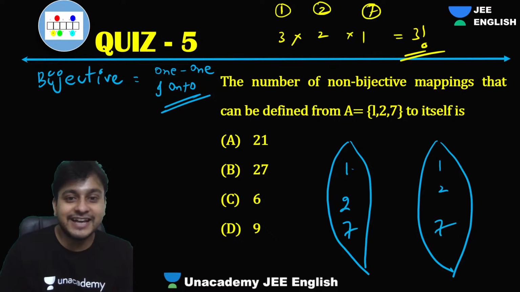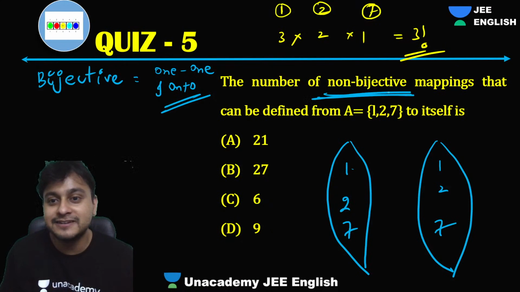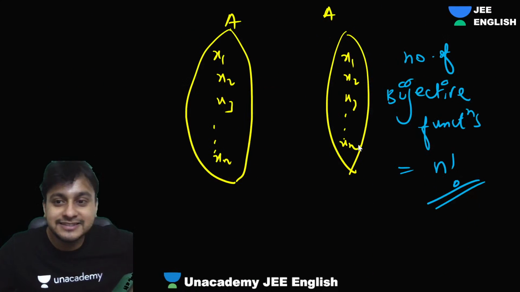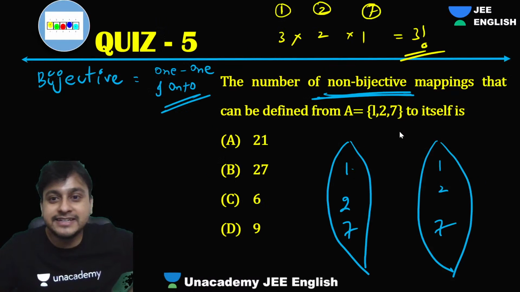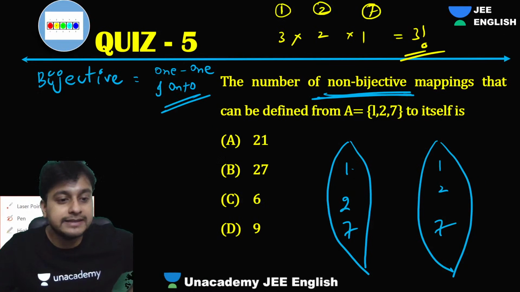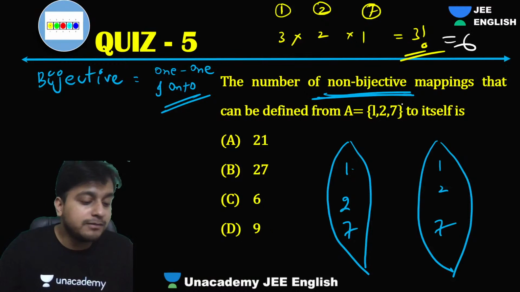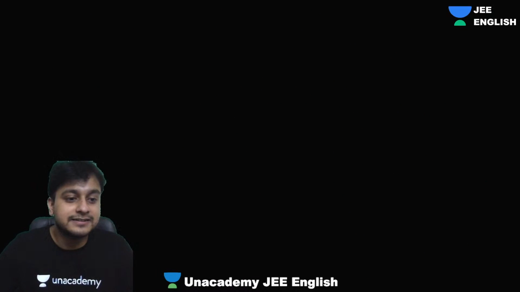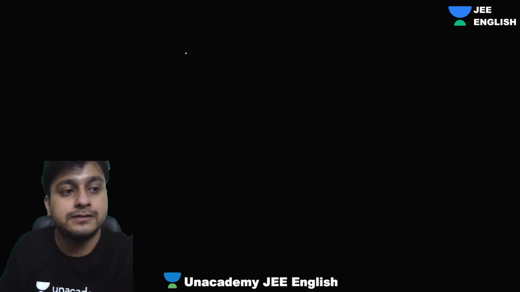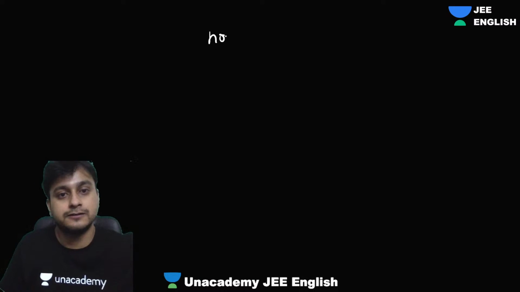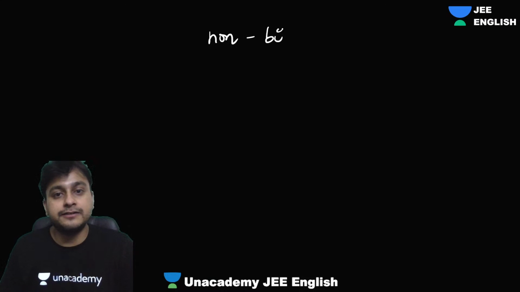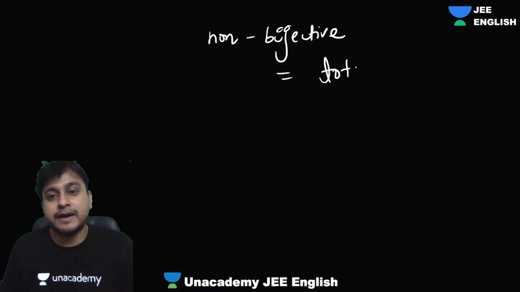No probability. So they are asking for non-bijective. Non-bijective means, so bijective we got 6. How many we got bijective? Here we got 6. So, guys, non-bijective means total minus bijective.